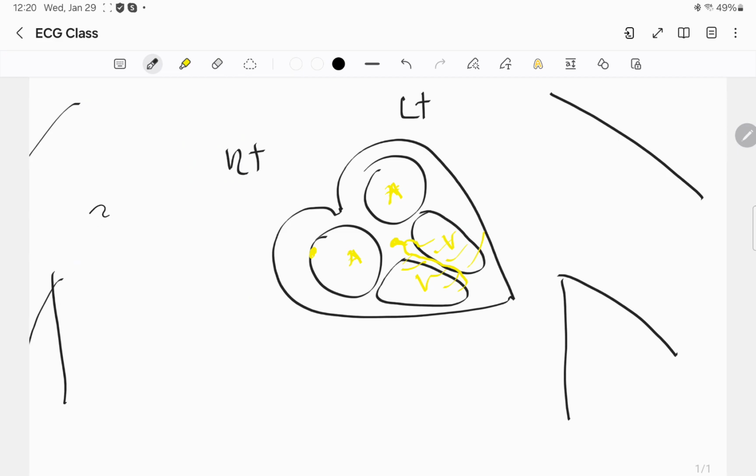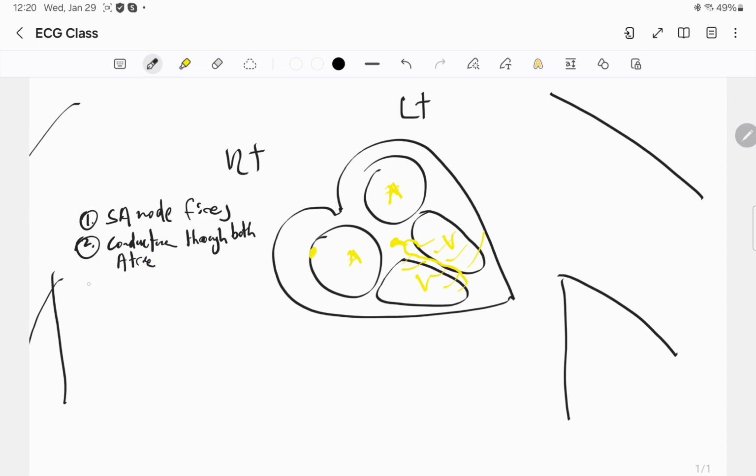So step 1, SA node fires. 2, conduction through both atria.